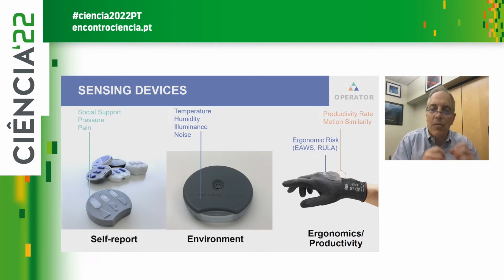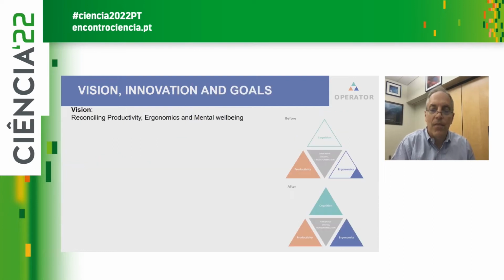This is a fantastic project because it brings together very many different elements: the science of sensors, the science of environment, the science of ergonomics, and for the purpose of advancing, in particular, the safety and productivity of the world around us. Advance, please.